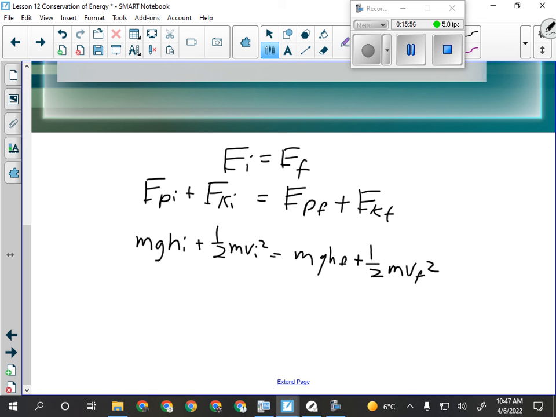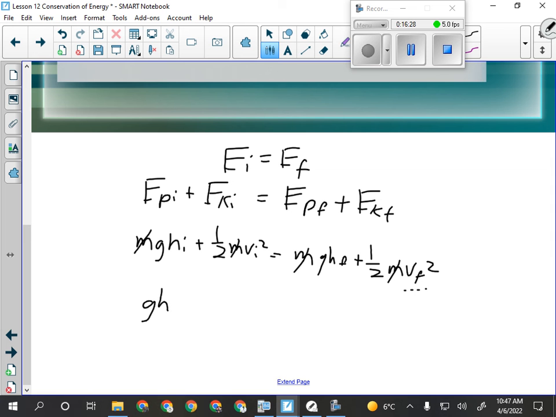All right, they told me the mass of the motorcycle, but do I need it? I would if I was actually calculating like the final energy, because mass is part of energy. But what I'm doing here, mass has no effect on. This is just gravity, and gravity affects everything equally. Right? So I can cancel mass. Right? And I'm solving for VF. So the first thing I want to do is move my final potential energy over to the other side by subtracting it.